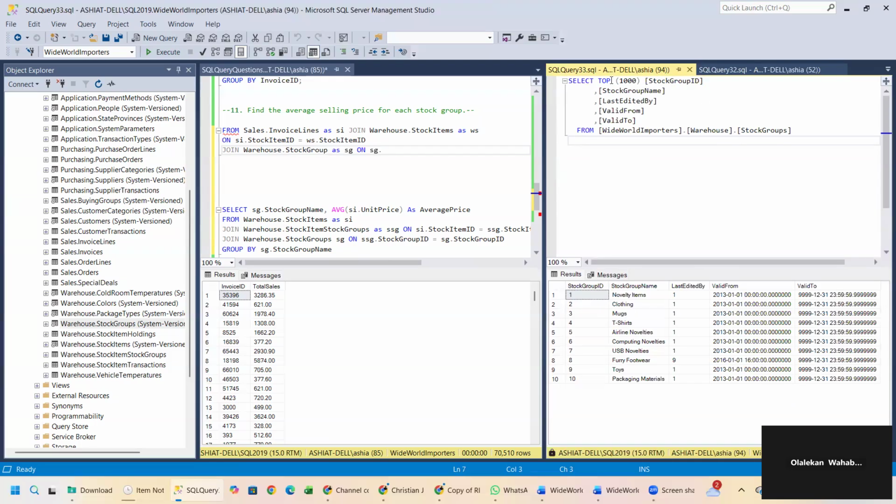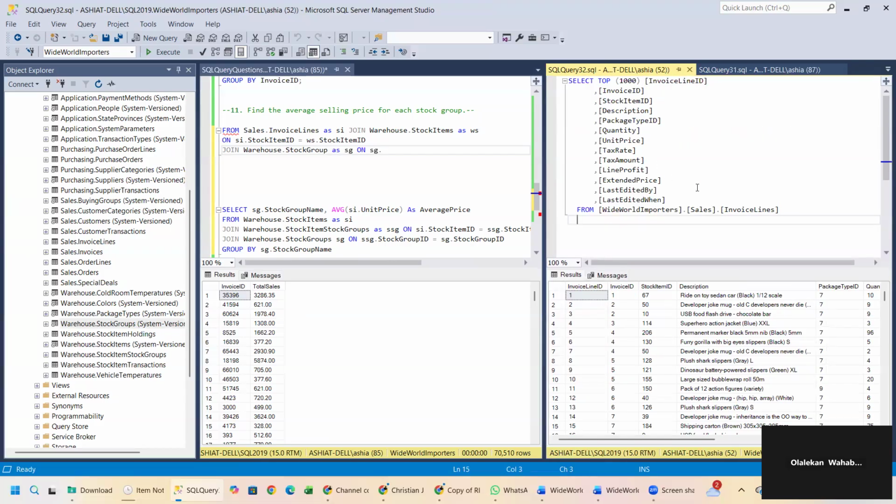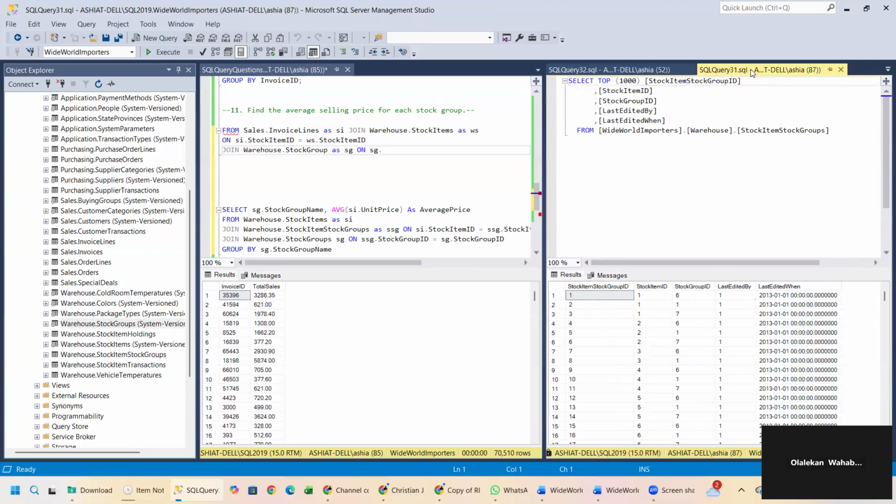I'm just looking for it in the warehouse stock item stock group. Yes, we have stock group ID here, so we can join with this.